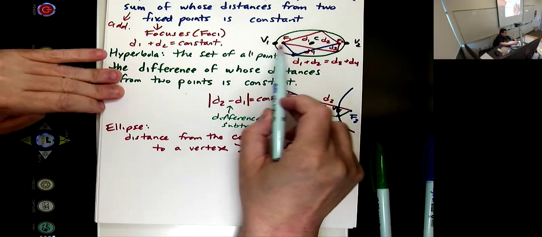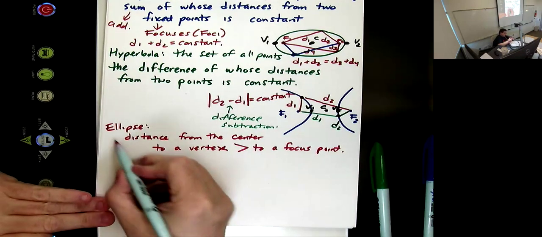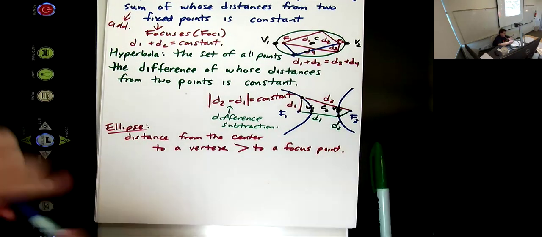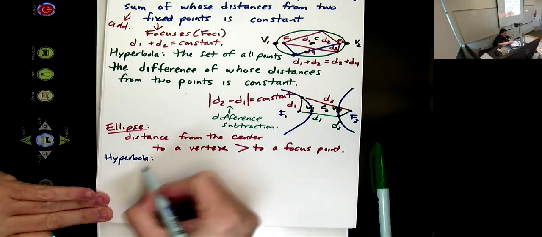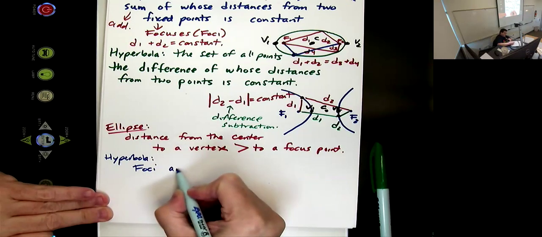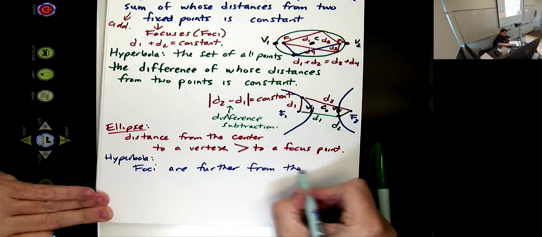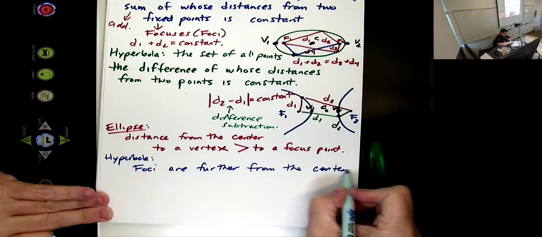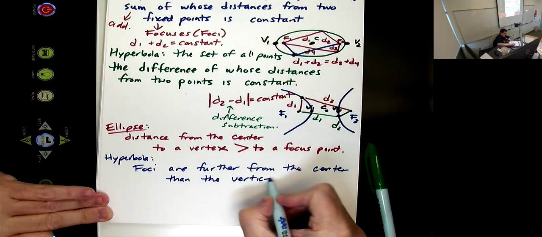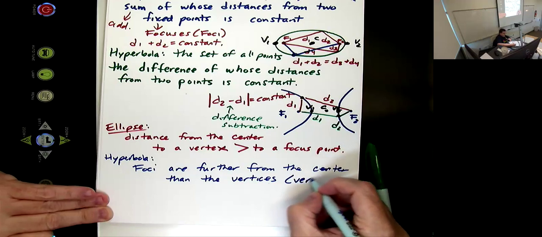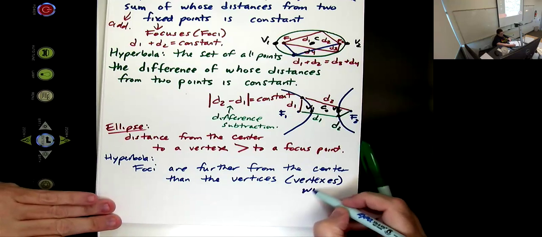The vertex is further away from the center than the focus point is. And for a hyperbola, the foci are further from the center than the vertices, which is the plural of vertex. Vertexes is wrong. We say vertices.